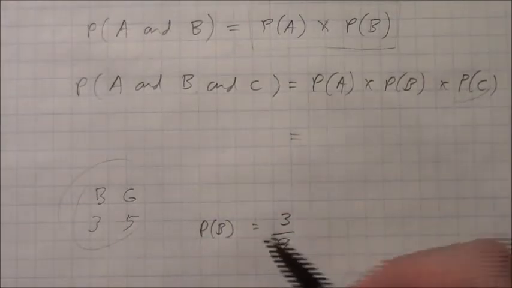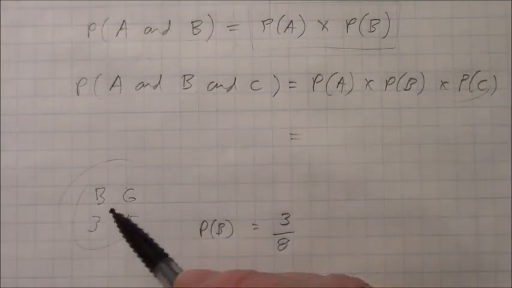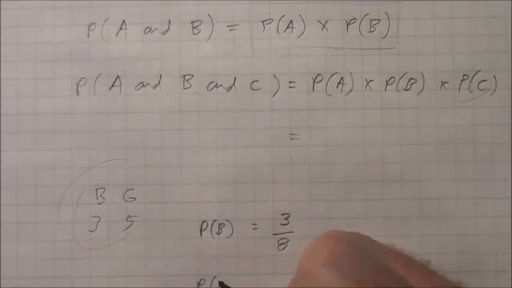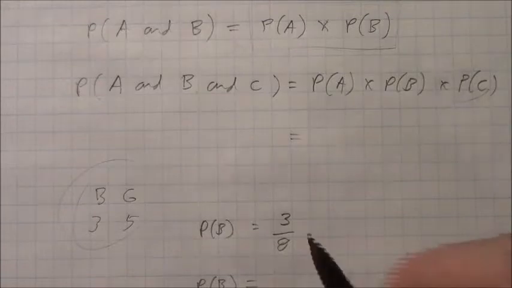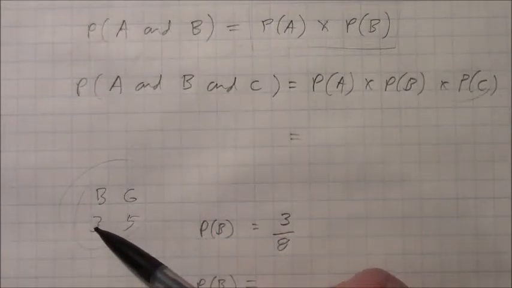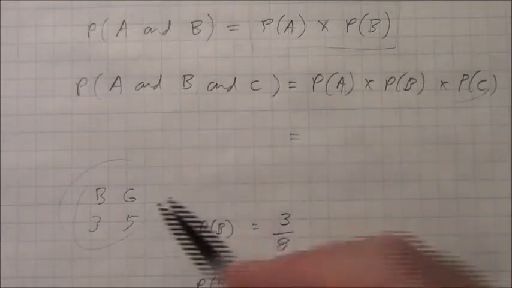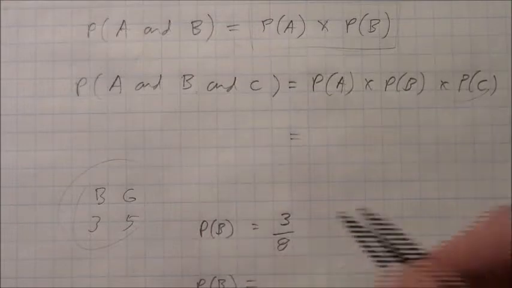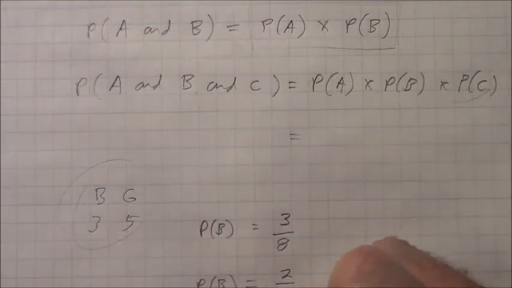Then if we've chosen that and have not replaced that marble, then for a blue marble the second time, because we've already chosen one marble, there are now only 2 blue marbles left, and still 5 green marbles, so the probability of choosing a blue marble the second time would be 2 out of 7.